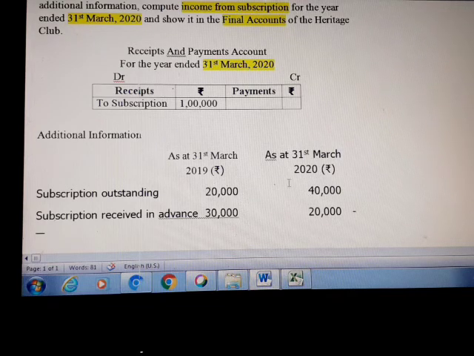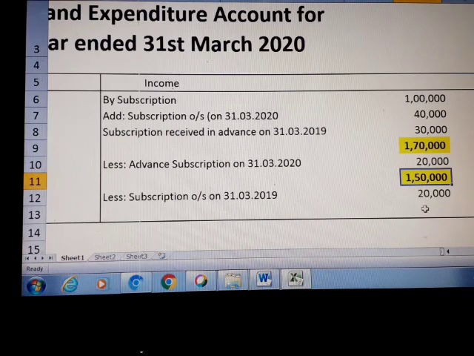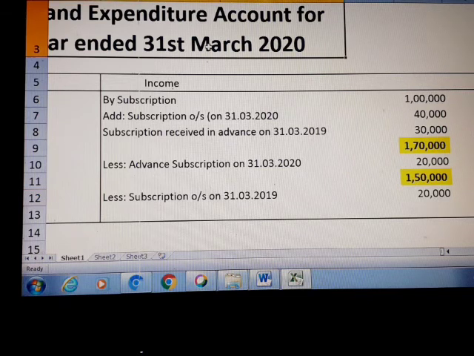So altogether it becomes 40. So current year only should be added. Now I have added current year 40, but that also includes this 20. So now I am eliminating that 20. Can you able to understand, students? So this is what the problem is all about. So once I subtract this 20 from this 1,50,000, my overall subscription which I am showcasing for the period of 31st of March 2020 is 1,30,000.